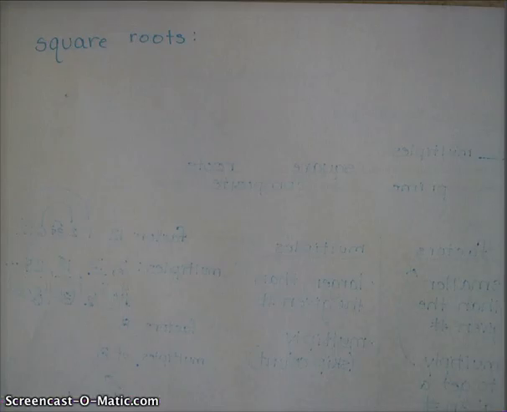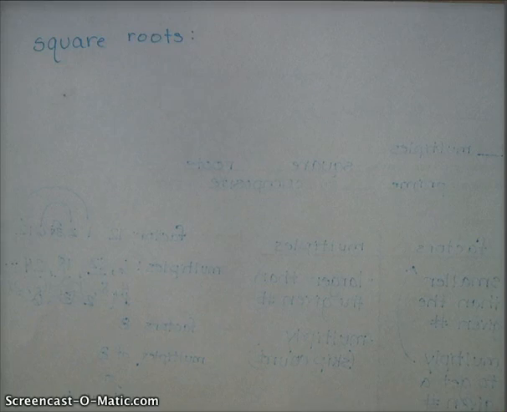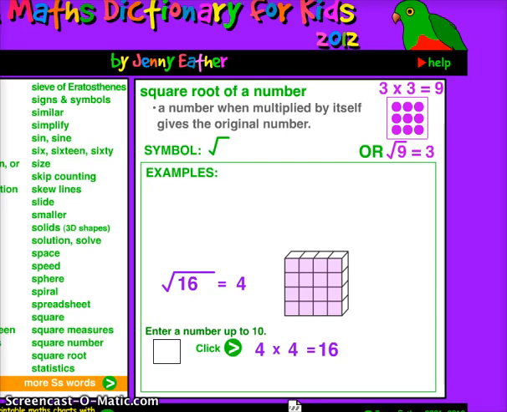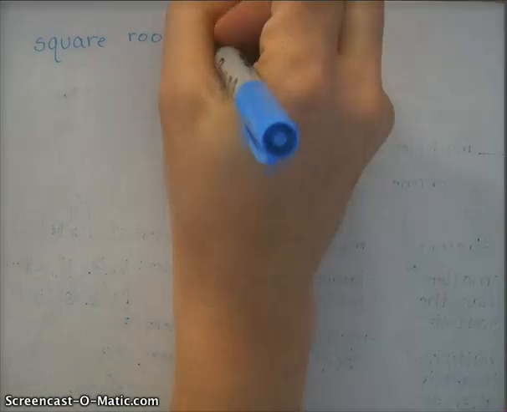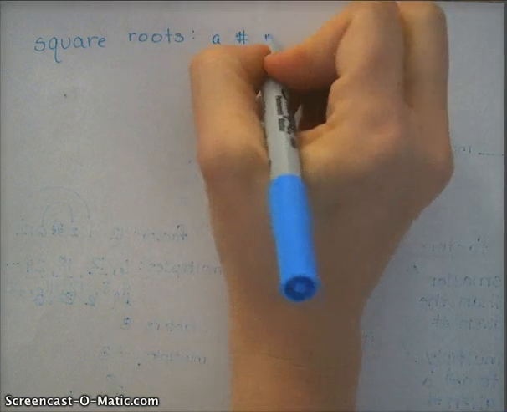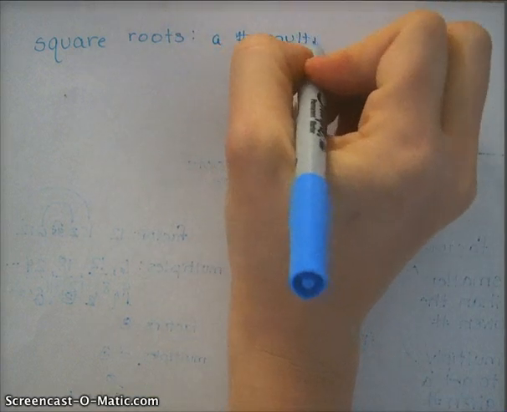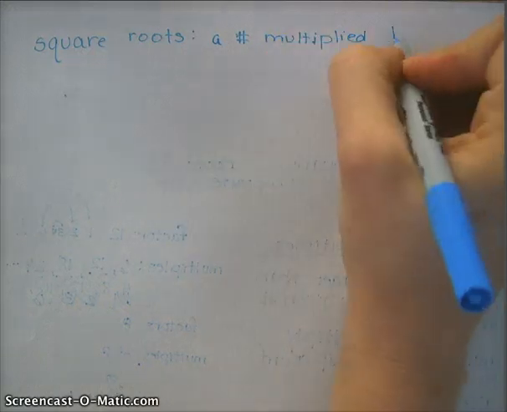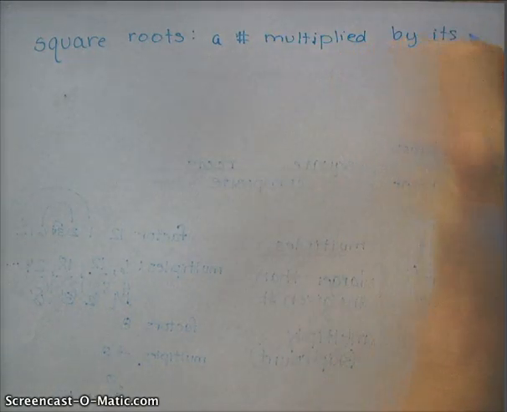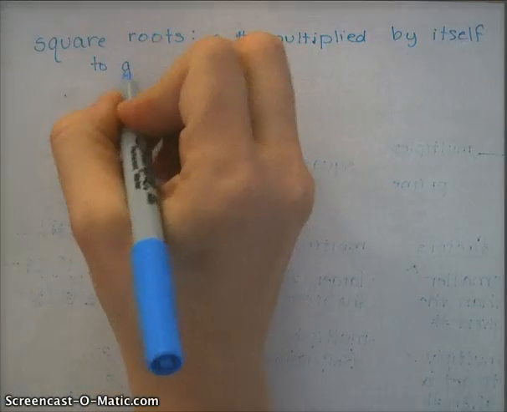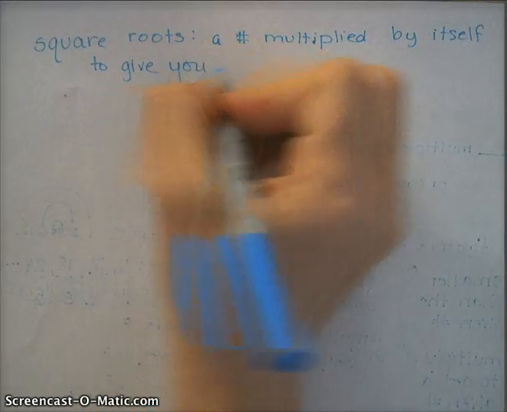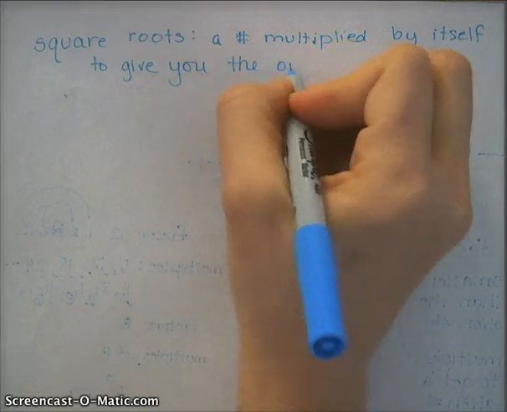So when you are on your paper, I want you to go ahead and write the definition that we had up here, which was a number multiplied by itself to give you the original number.